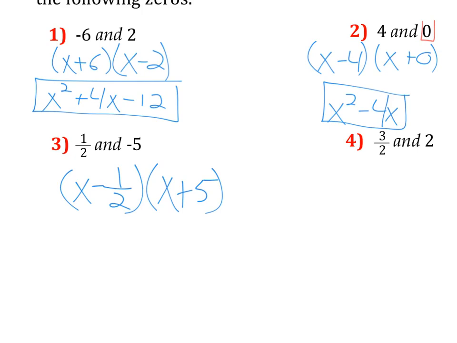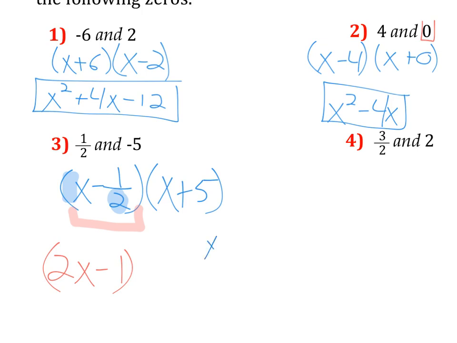We need to take this term, and to get rid of the fraction, what we're essentially going to do is multiply the denominator of your fraction over here as the coefficient. Okay? Now I'll explain why that works. So when we do that, we're going to get 2x minus 1 is what we're going to use instead. Now if I were to set each of those factors equal to 0, oops, wrong tool.